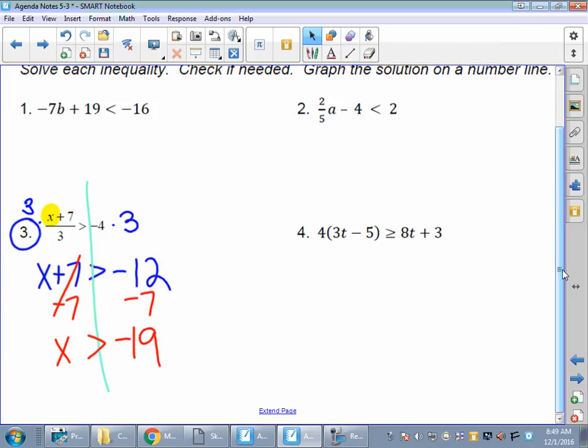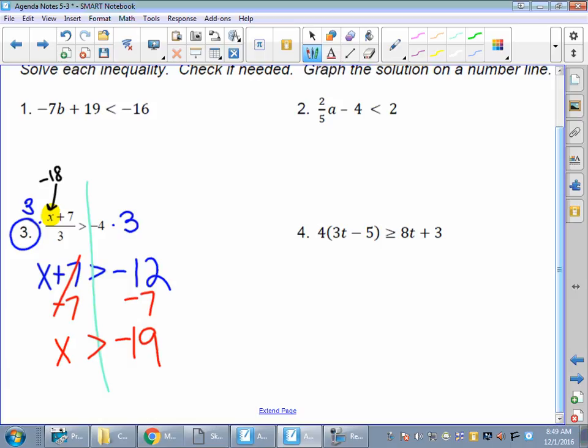So this checking the solution thing, any number that is greater than negative 19 will give me a true statement. Let's try negative 20, how about? No, sorry, let me do that right. Let's put in a negative 18. It's got to be greater than, right? I'm on the negative side. So if I put in a negative 18 for that x and test it, negative 18 plus 7 is negative 11.